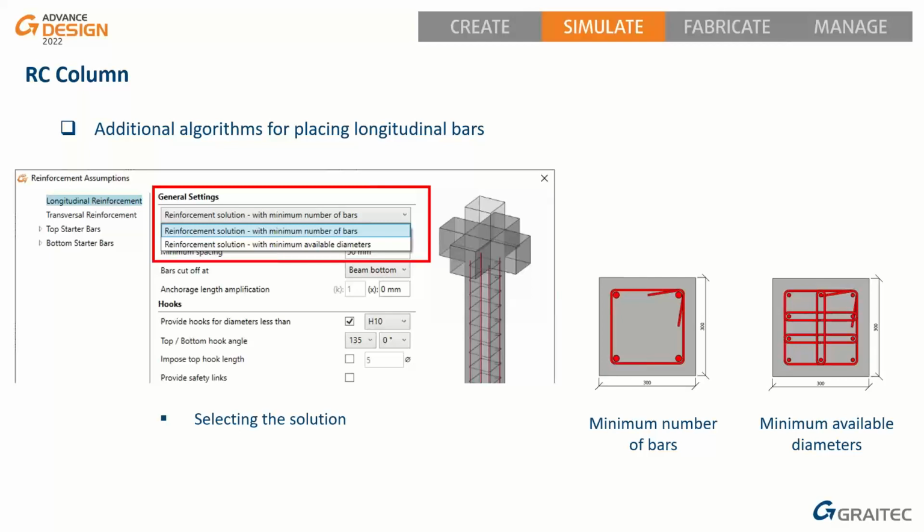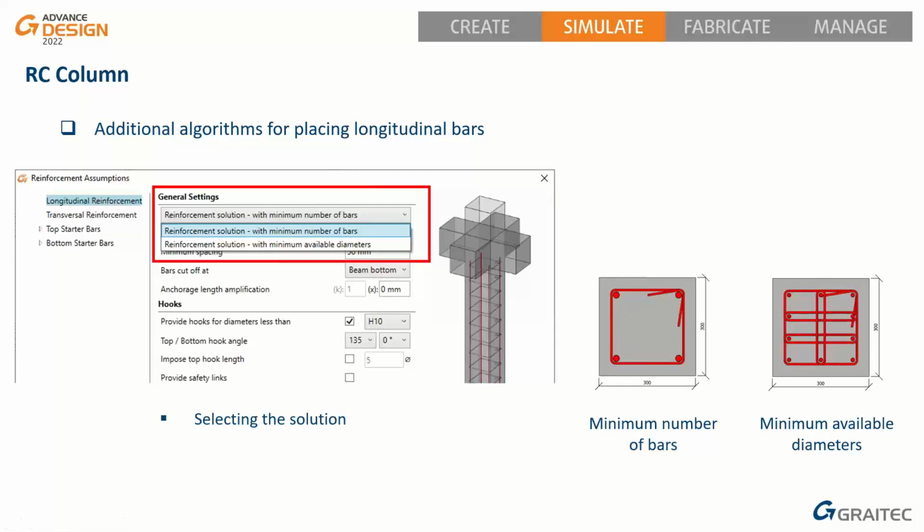But we can also select the new one, where the minimum number of bars is used. So it starts with the smallest number of bars and increases the diameter. On the pictures you can see example results of both options.